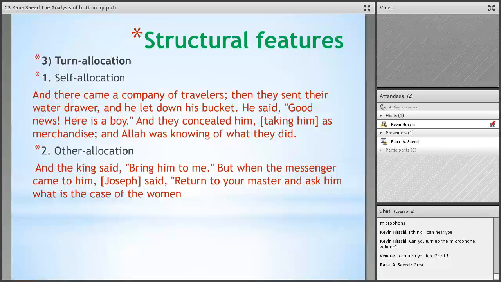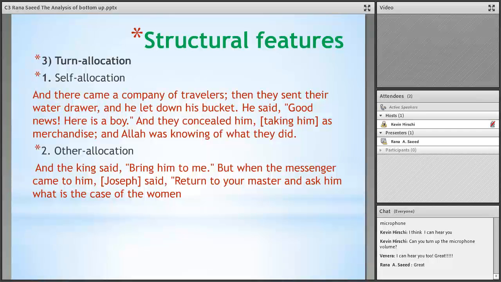So a group of travelers crossed by the well, and one of them takes the turn, and he selects himself because he wanted to transfer the good news of having a boy. So he was not being selected. He initiates the talk, and in this case, it comes under self-selection.